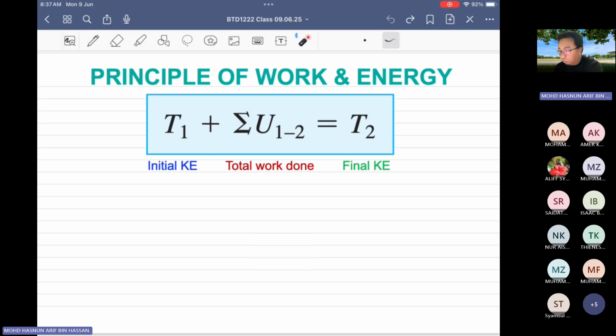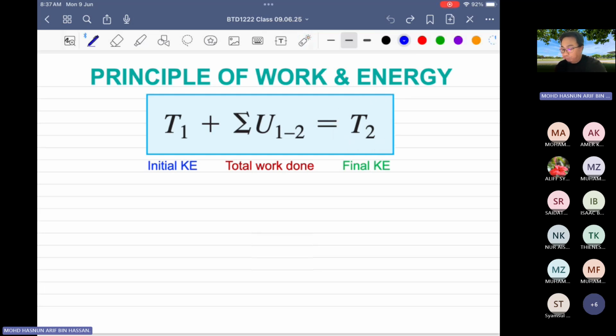This is U1 to 2, which means the total work done to move from the initial position 1 to the final position 2, and then equal to T2, which is the final kinetic energy.